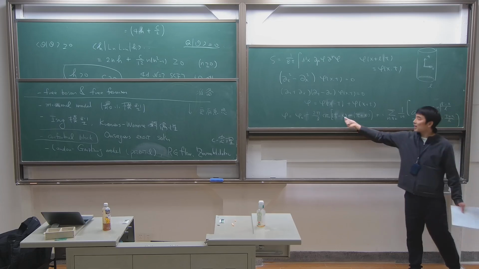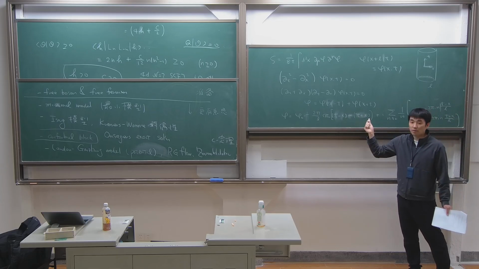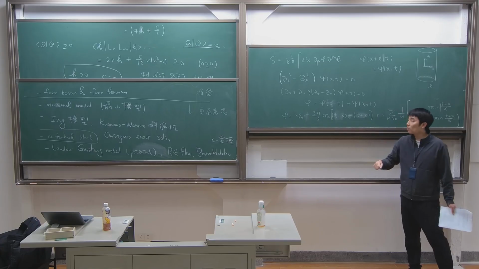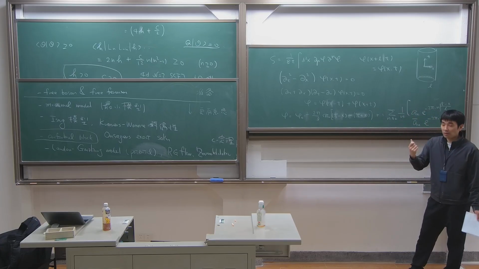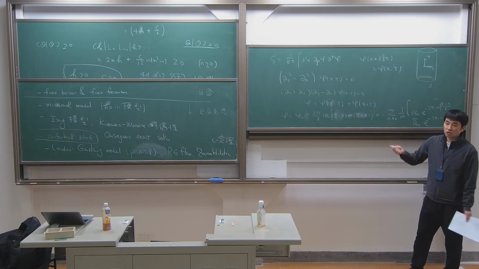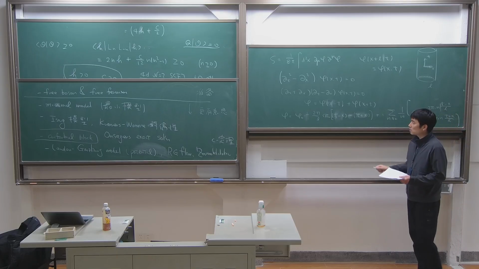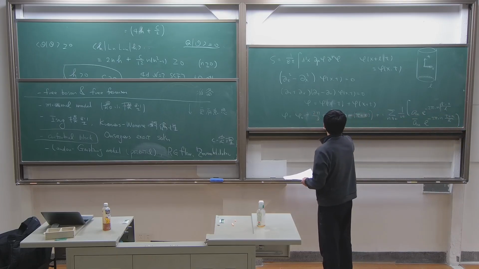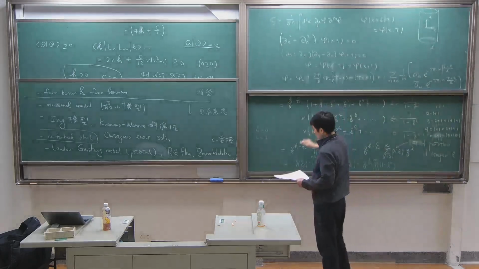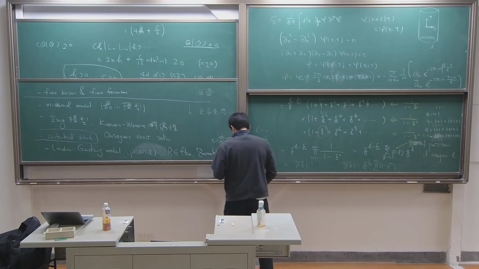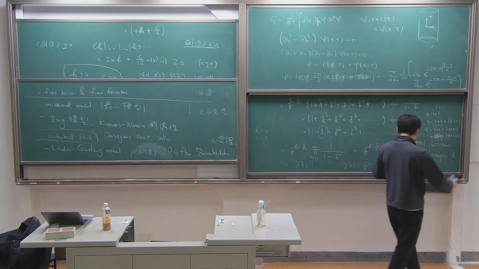So you don't need to worry about this periodic boundary condition issue. This is the most generic form of this, so then this should be replaced by the mode expansion with this boundary condition.